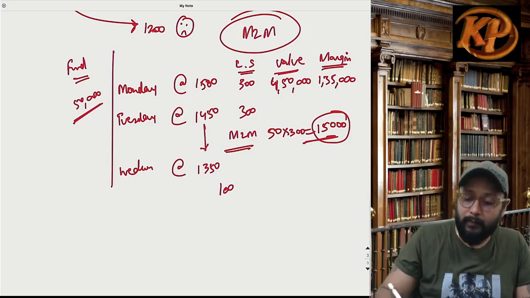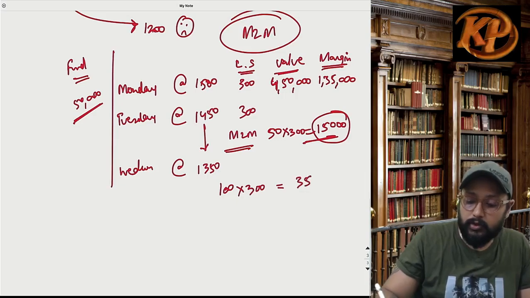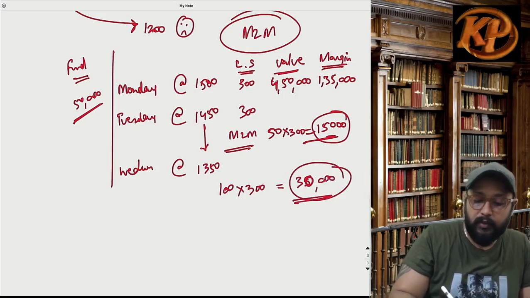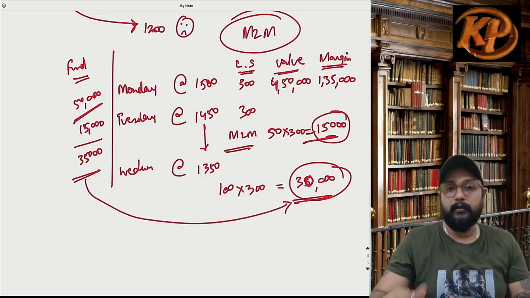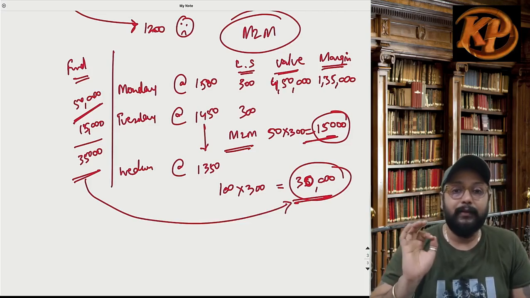Now it is 1,350. How much is the fall? 100. Multiplied by 300, how much have you lost? 30,000. How much is your fund balance? 35,000. From 35,000, this 30,000 will be deducted. How much are you left with as a fund balance? 5,000.